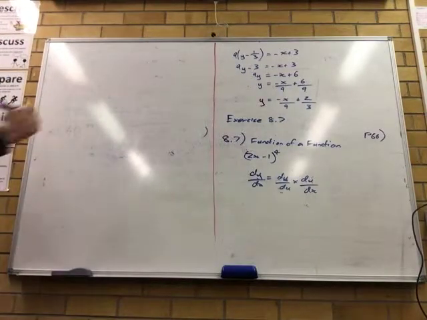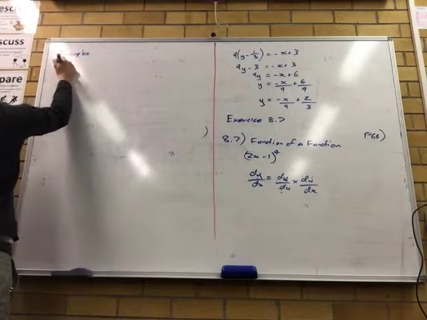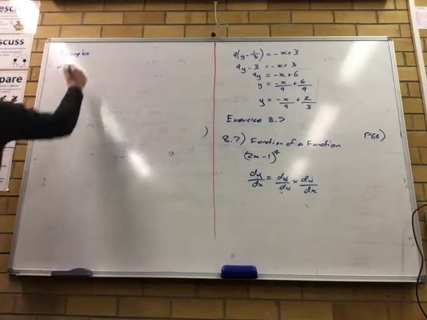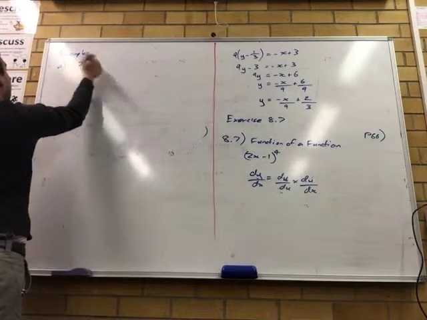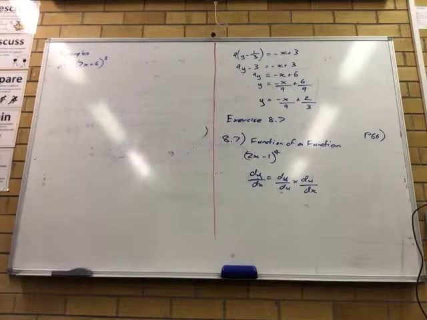Alright, so examples. Let's differentiate the following: (2x + 6) all to the power of 3. It's not so straightforward or obvious how we're going to differentiate this, because it's not just bring the power down and decrease the power by 1.